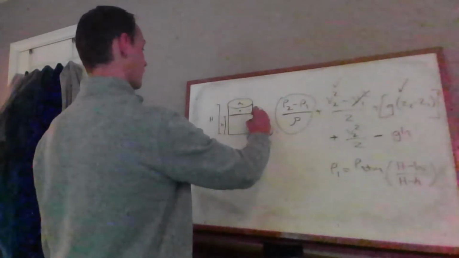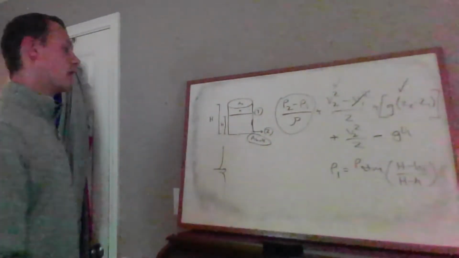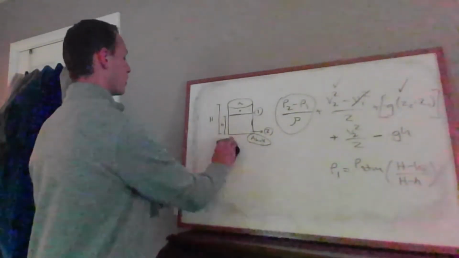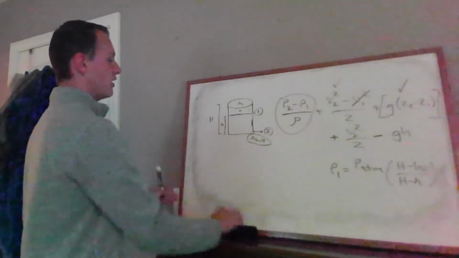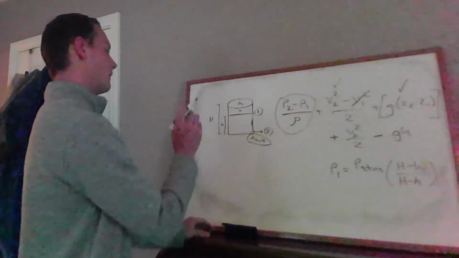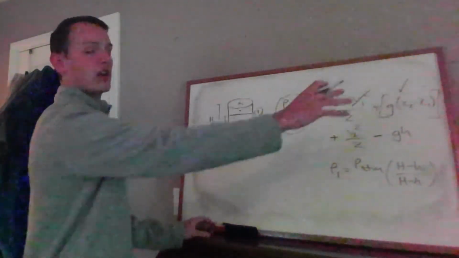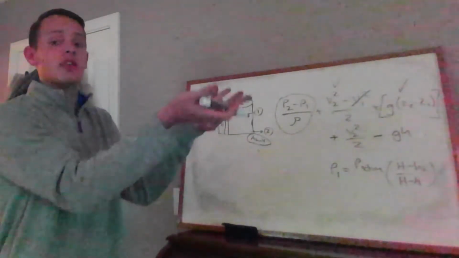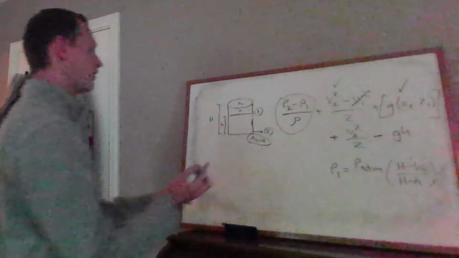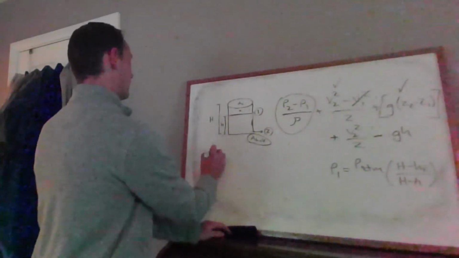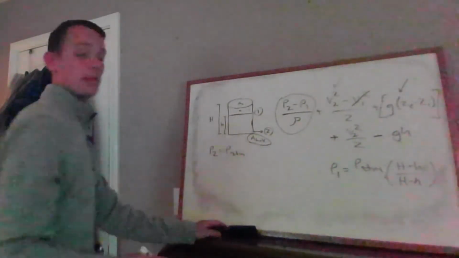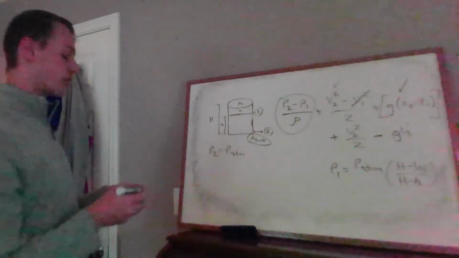Because this is completely vertical. Okay, out into the atmosphere. So what does that mean? If there's no pressure recovery, that would imply that pressure at position 2 is actually the same as the pressure of our atmosphere, right? Because there was no increase in pressure because of the sudden expansion. Okay, so this actually means that P sub 2 is equal to P sub ATM, or the pressure of the atmosphere outside, which is great.